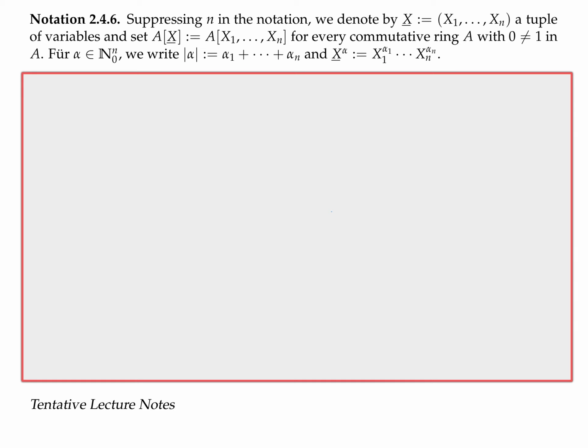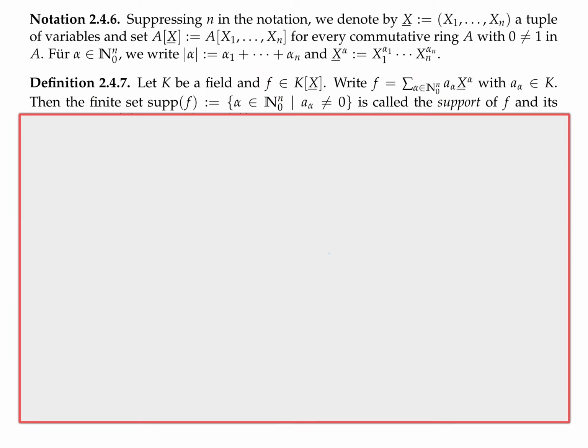So the corresponding monomial will be written in shorthand notation like this: x underscore to the alpha is x1 to the alpha 1 times x2 to the alpha 2, etc. And let's call this the value of alpha. Value of alpha is just the sum of its components. So it would be the degree of this monomial, right?